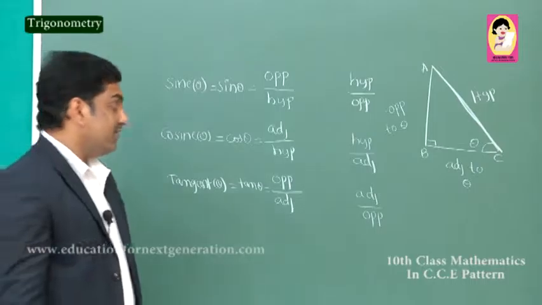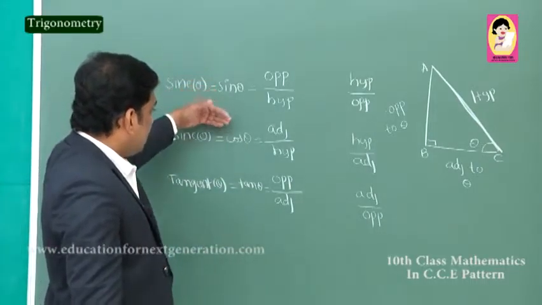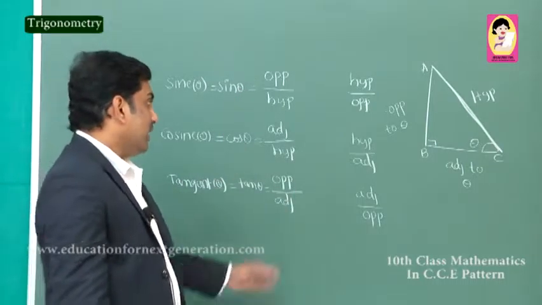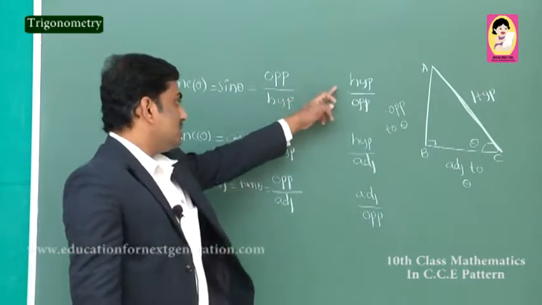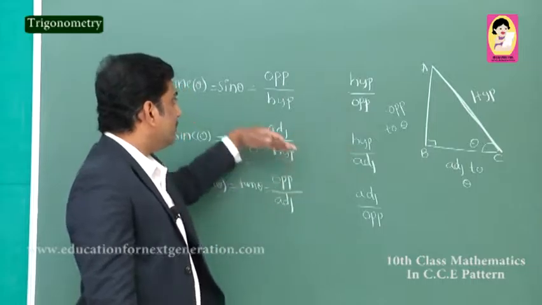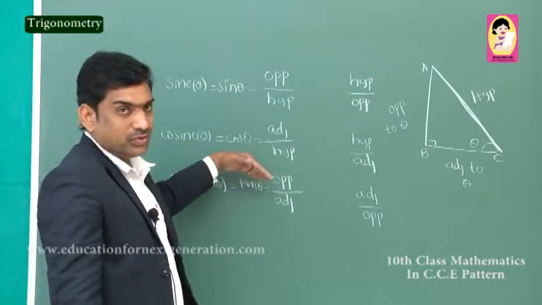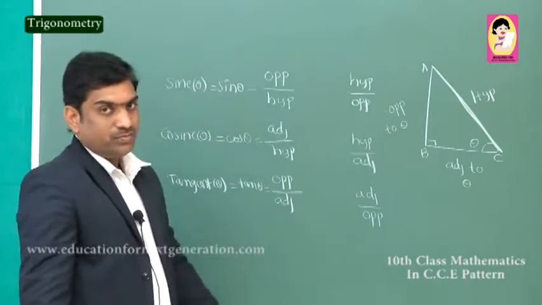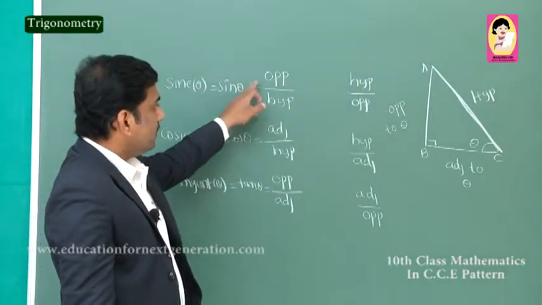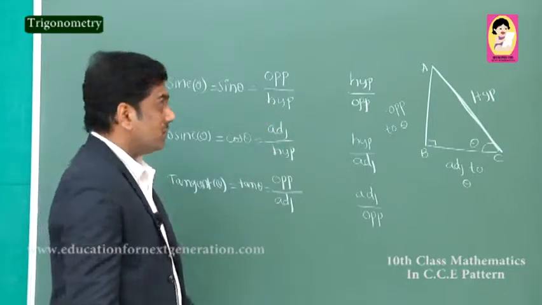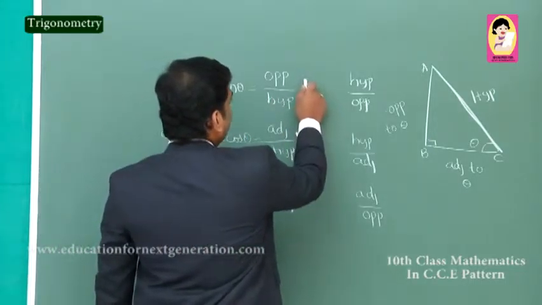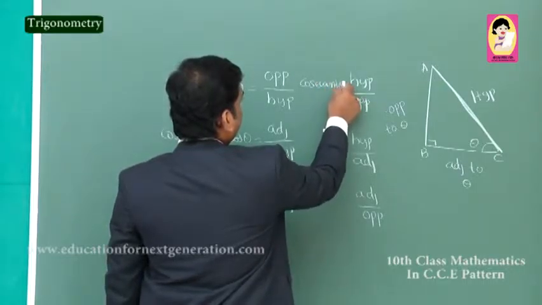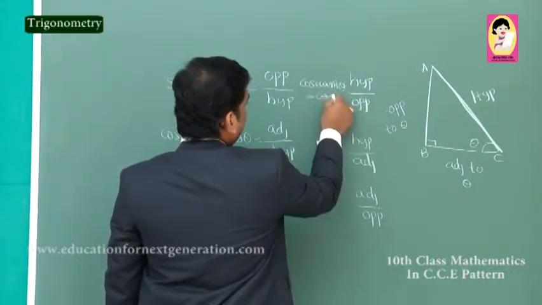So in trigonometry, we take these three ratios as the basic or main ratios, and the next three ratios depend on these three. These are called sub ratios or reciprocals of the main ratios. First one is sin theta, which equals opposite by hypotenuse. Its reciprocal is defined as cosecant of theta, or cosec theta.